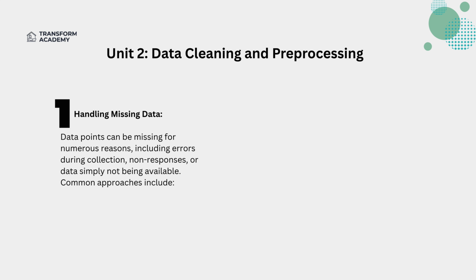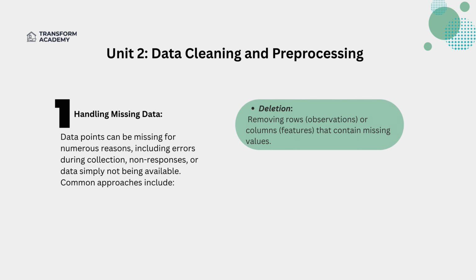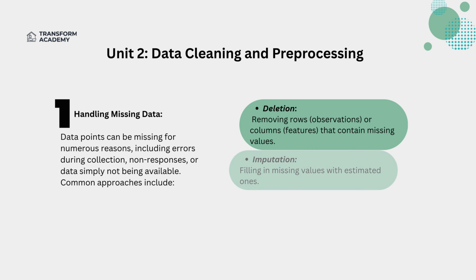Ignoring missing data is often not an option, as many algorithms cannot process incomplete datasets. Common approaches include deletion, that is, removing rows or columns that contain missing values. This is simple but should be done cautiously, as it can lead to significant loss of potentially valuable information.